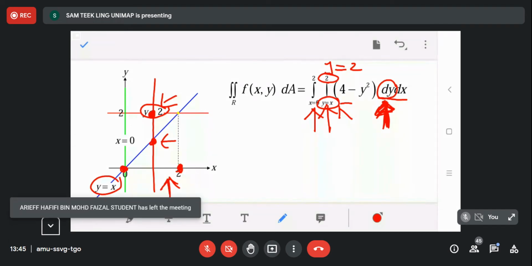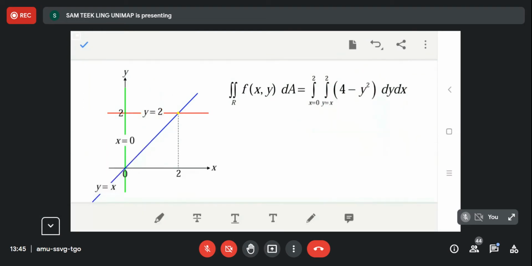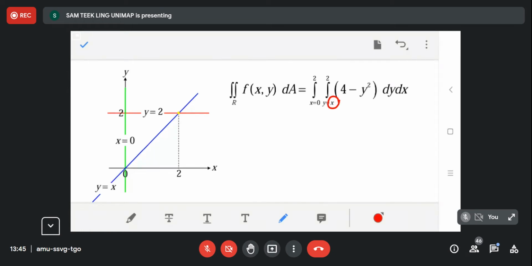For your second integral, we don't have a variable. So you can see this one got x. For the first integral, yes.